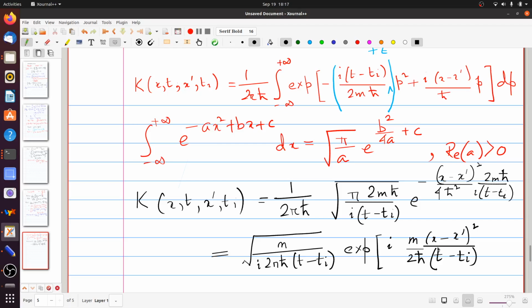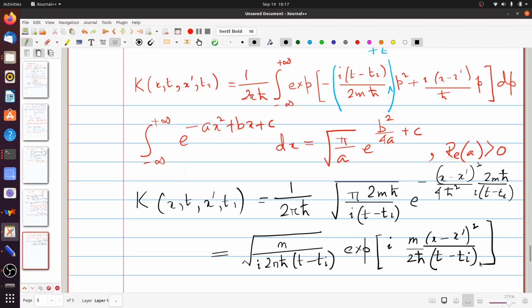Now this m by 2 (x minus x prime) whole square by (t minus ti), this should be something familiar. In fact, if you had (t minus ti) whole square in the denominator, then it's easy to recognize that (x minus x prime) by (t minus t prime) is nothing but the velocity of a particle which travels from the point x prime at time ti to the point x at time t. So then this would have been simply half times mass times the velocity squared, namely the kinetic energy, or just the energy in this case.